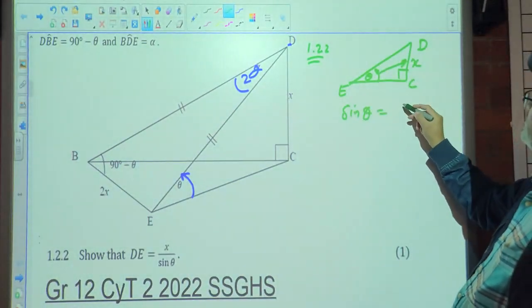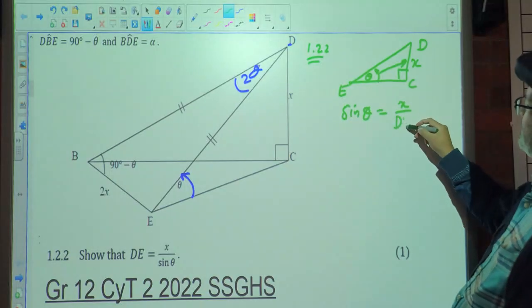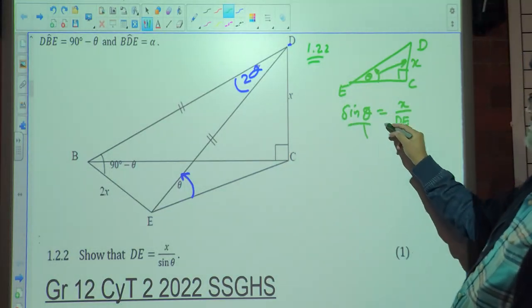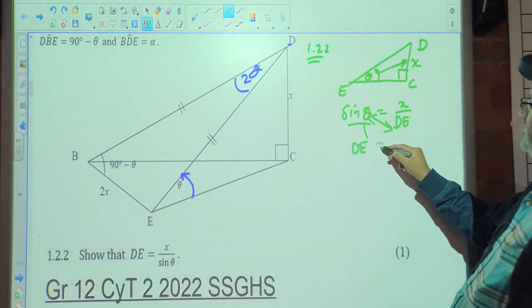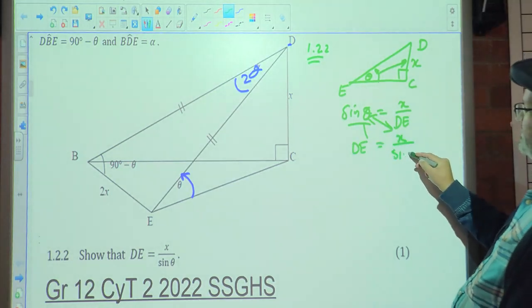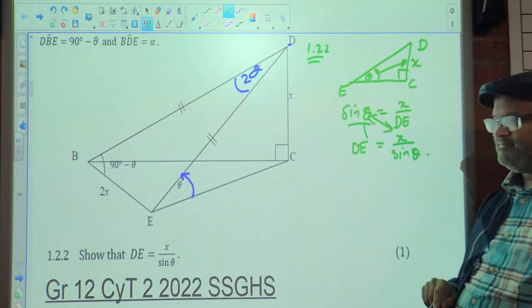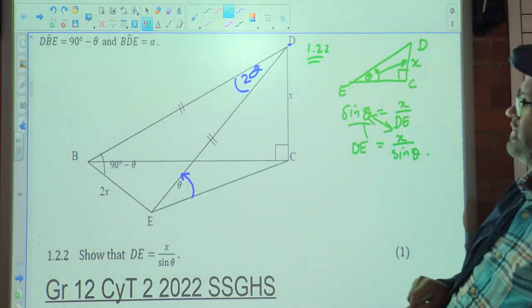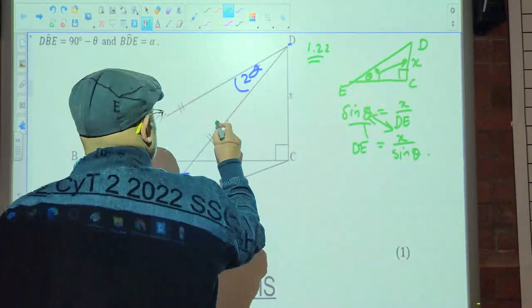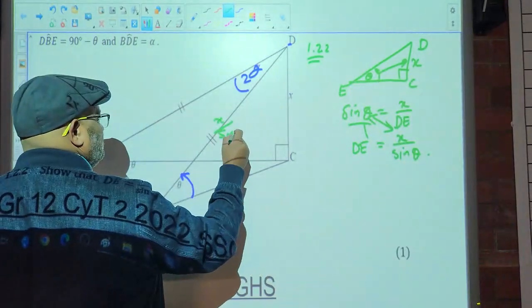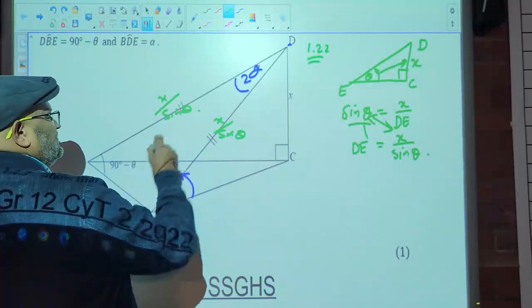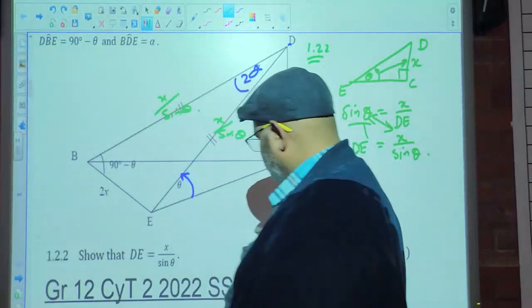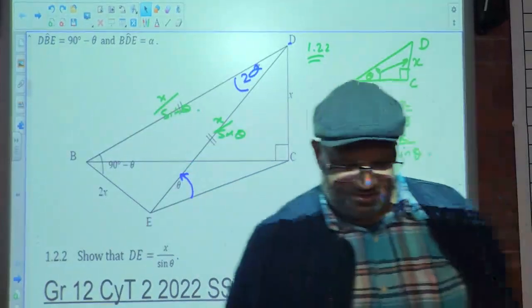So sine of theta is equal to opposite, which is x over DE. Cross multiply, that goes up, this comes down. So DE is equal to x over sine theta, and that's what they wanted. Let's look at the next question.